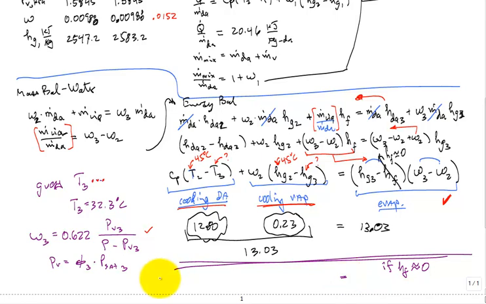You'll calculate that T3 is 32.1 degrees C. Now that is not a big difference. That's a very small difference. So that's not a bad approximation to neglect h_f. And then if you did that, omega 3 comes in at 0.0150 instead of before, 0.0152. So not much of a difference.